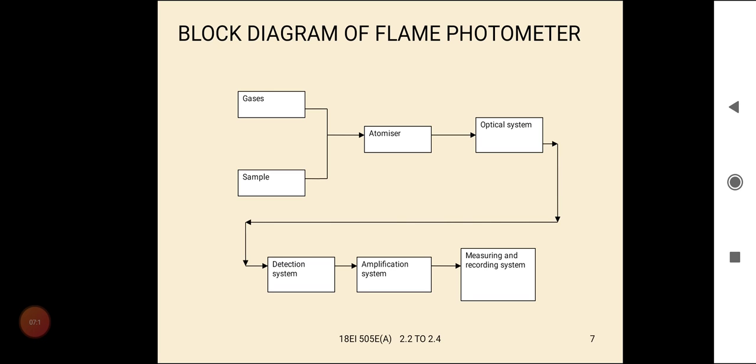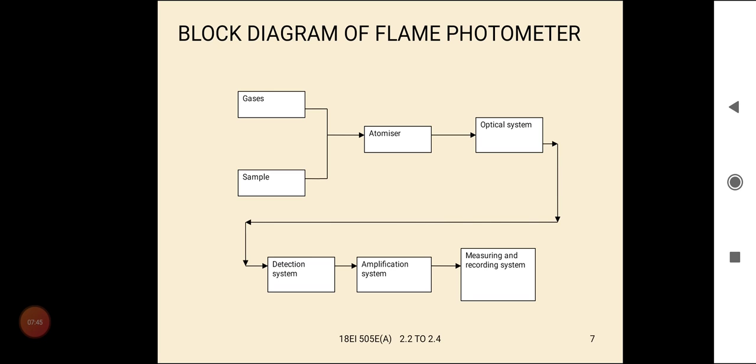So the photo detection system here consists of photo cells or photo multiplier tubes, which produce a current signal corresponding to the electromagnetic energy which passed on to the detector.